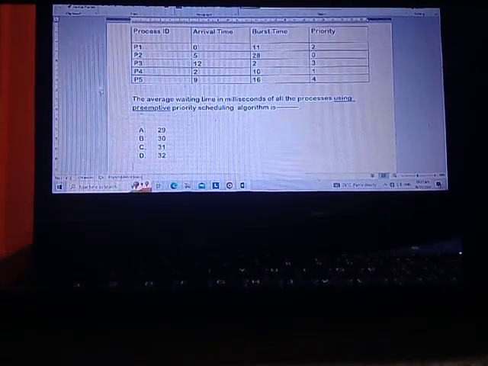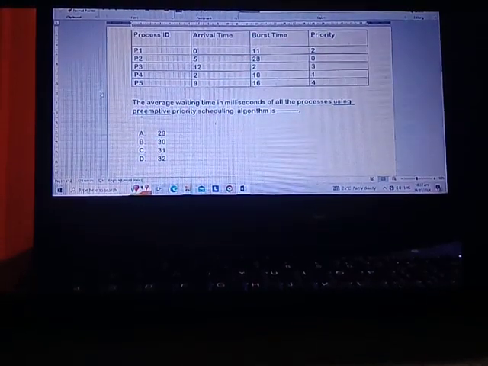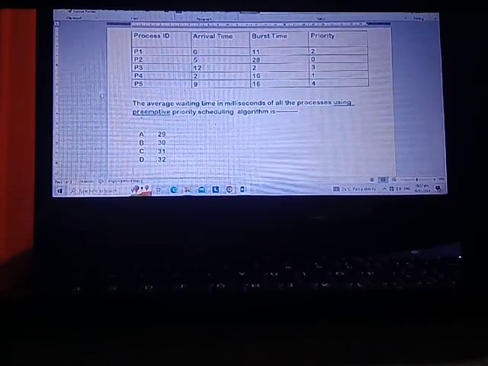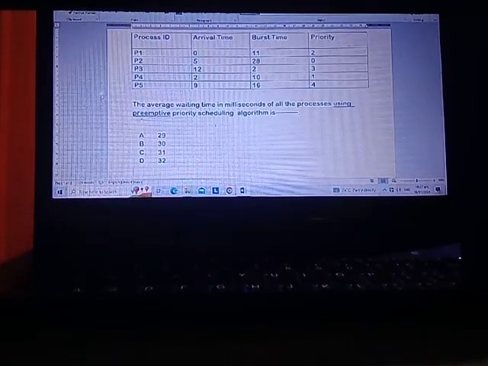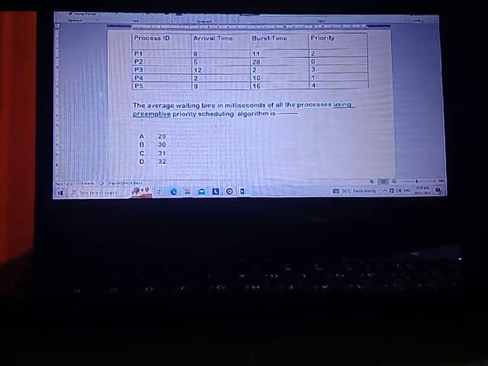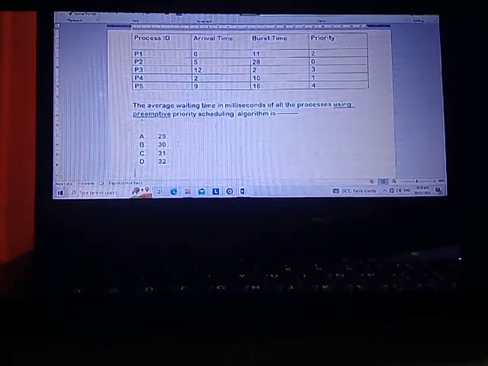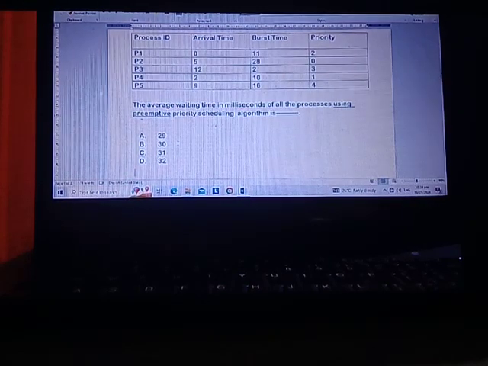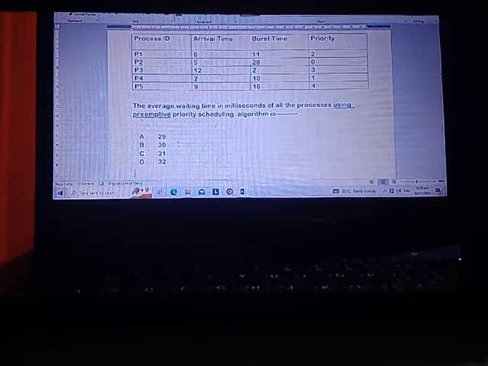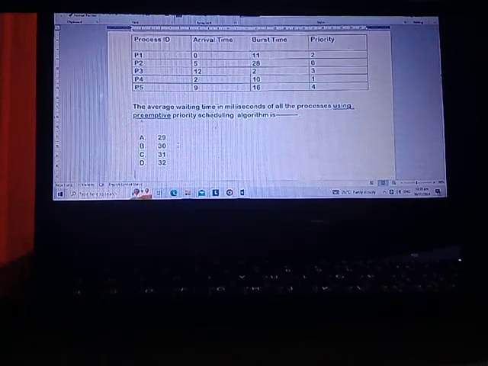Now why did they not get the CPU? Because the priority of P5 is actually 4, which is less than that of P2, and the priority of P3 is 3, which is also less than that of P2. So P2, as I told you, has 0 priority, which means the highest priority, so no process will preempt P2 because it is of the highest priority.